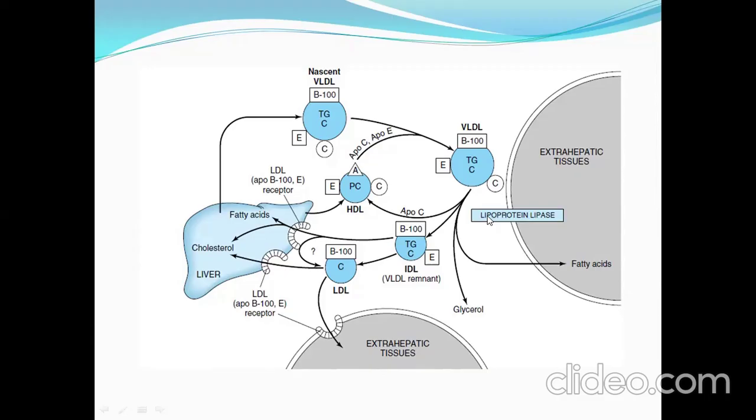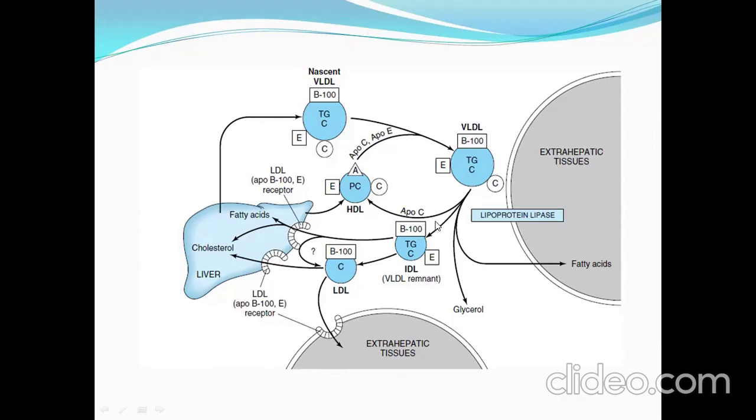Just compare the endogenous and exogenous pathways. There is quite a difference. At least you should know these two pathways. So lipoprotein lipase is going to break down the VLDL.